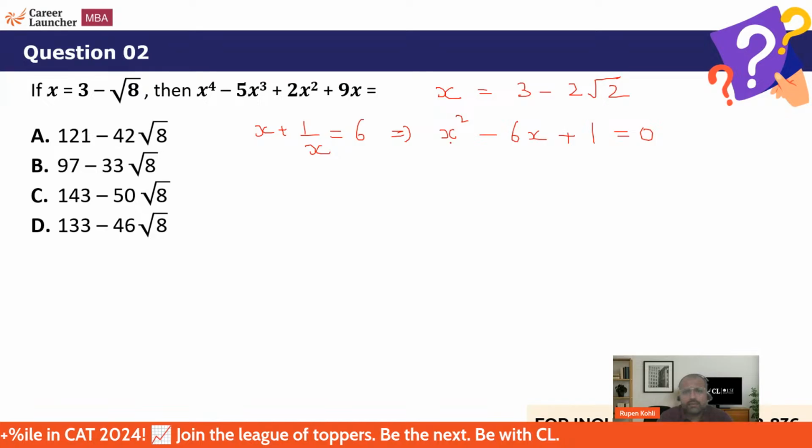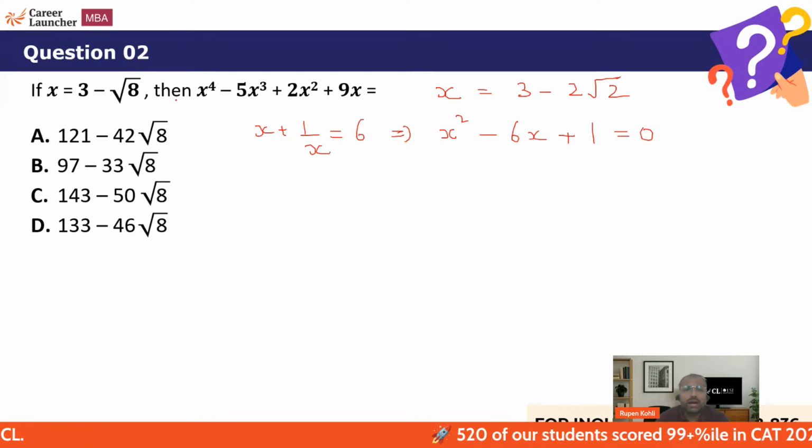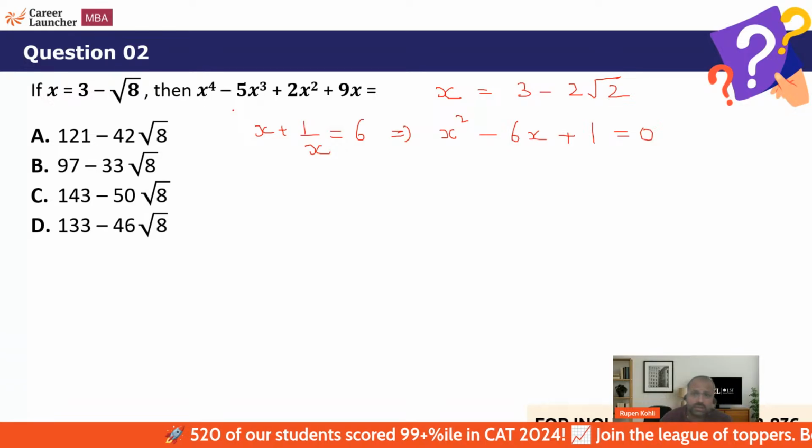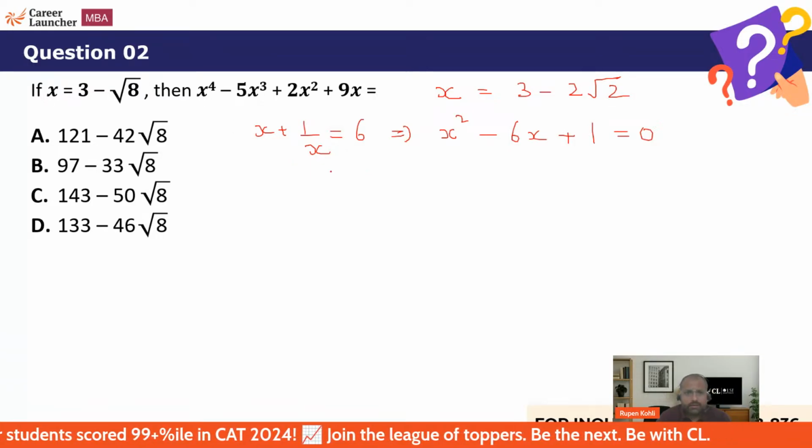Now, if x square minus 6x plus 1 is 0, then how does that help me to say anything about the higher powers of x? I have to reach there, isn't it? Okay, now think about this.